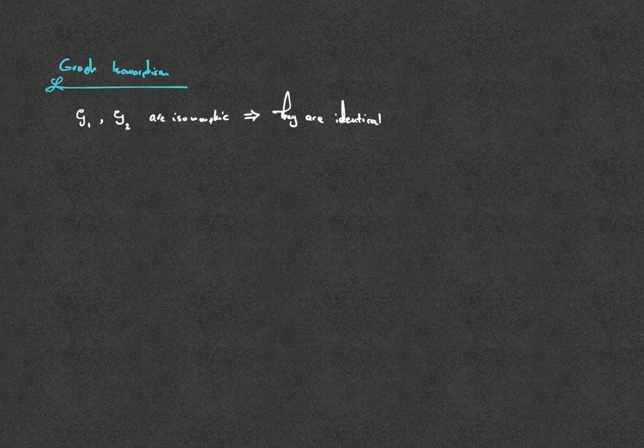In terms of the notation, let's say you have the adjacency matrix A1 for graph 1 and adjacency matrix A2 corresponding to graph 2. If these two graphs are isomorphic, you can write that G1 and G2 are isomorphic.